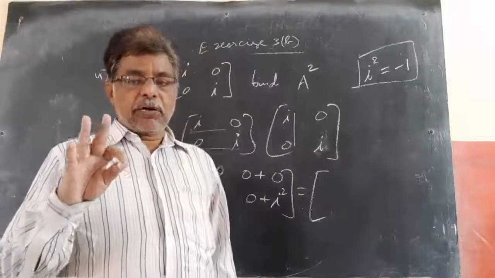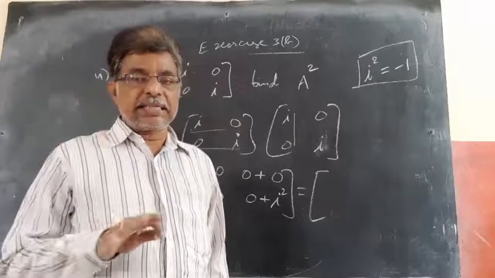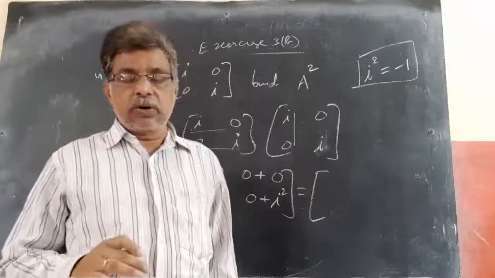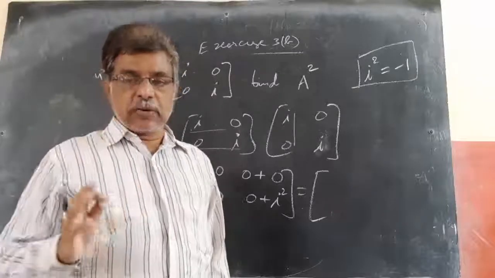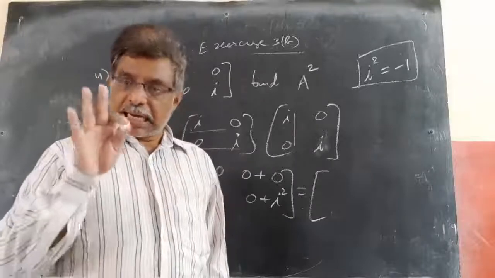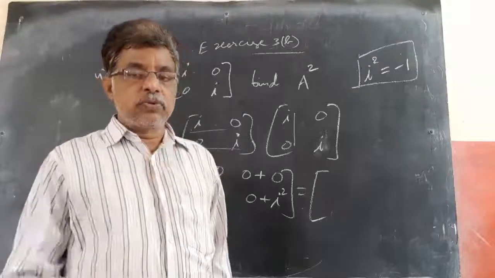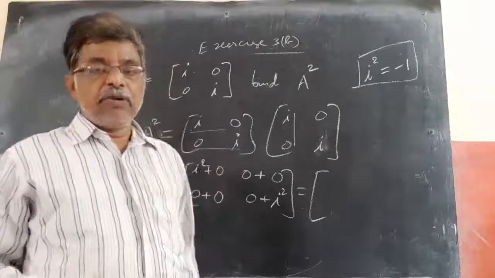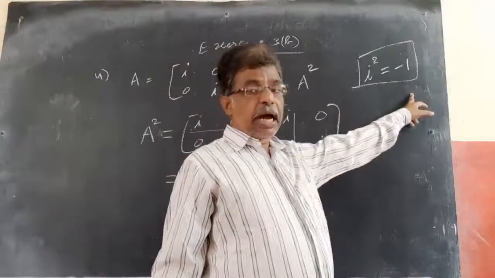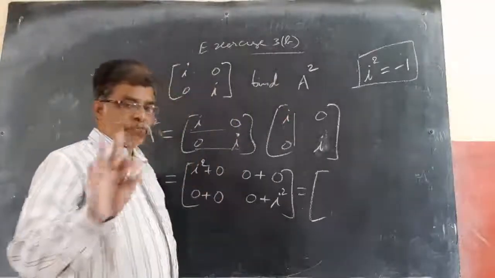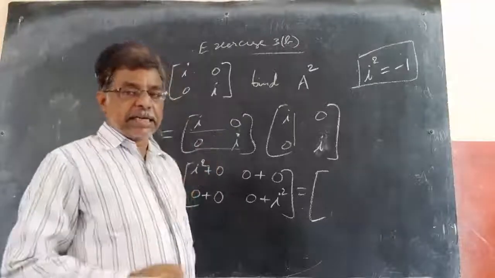You have learnt in a quadratic equation, if b square minus 4ac is greater than 0, real and distinct; b square minus 4ac equal to 0, real and equal; b square minus 4ac less than 0, in 10th class you learned no real roots. Here there are complex roots. Those are called a plus ib form, where I is root of minus 1. I square is minus 1. So simply wherever you find I square, you substitute minus 1.